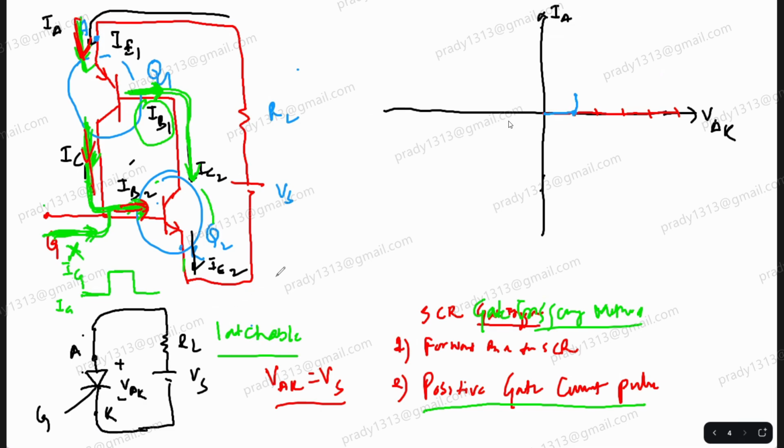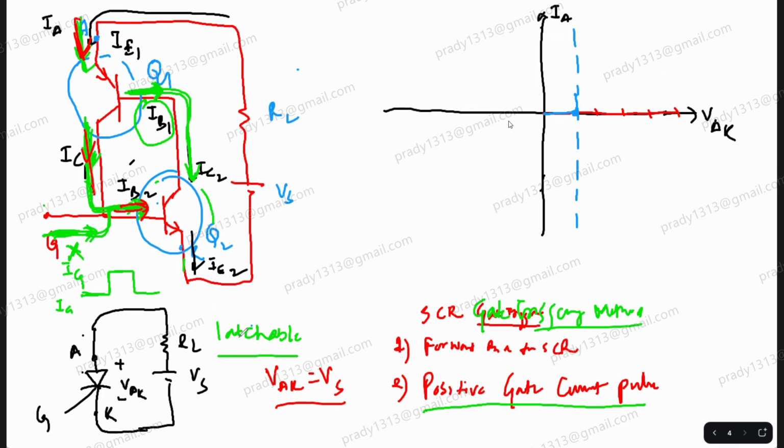No, it is not, because VAK is still equal to the same supply voltage. At any point on this line, is supply voltage and VAK the same? Same.